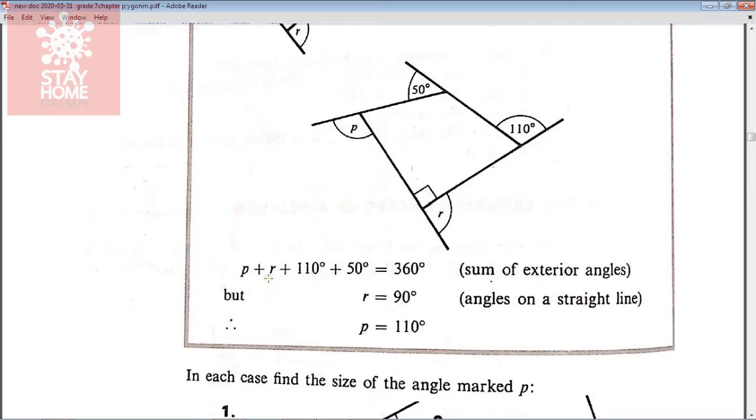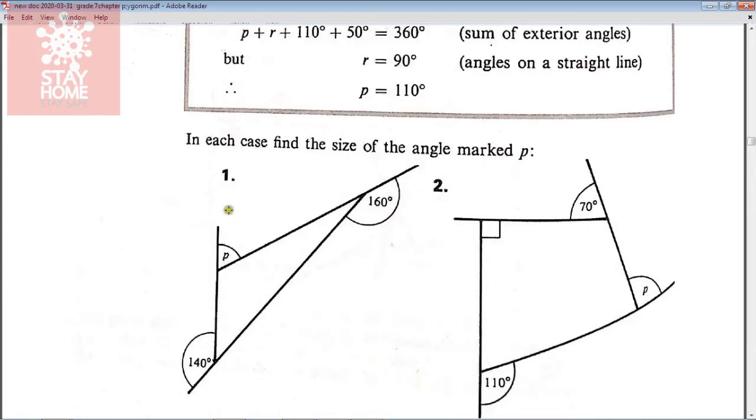If R is 90, then R 90 plus 110 will be 200. Then 200 plus 50 equals 250. 360 minus 250 will be 110. So the answer is 110.